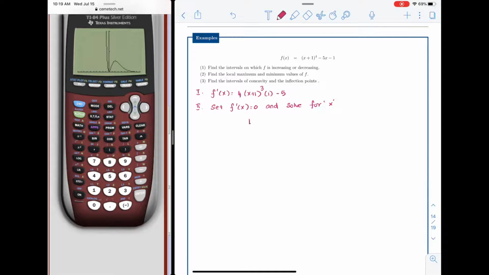So if we set 4 times x plus 1 cubed minus 5 equals 0, we will get 4 times x plus 1 cubed equals 5. x plus 1 cubed equals 5 over 4. x plus 1 is equal to the third root of 5 over 4.